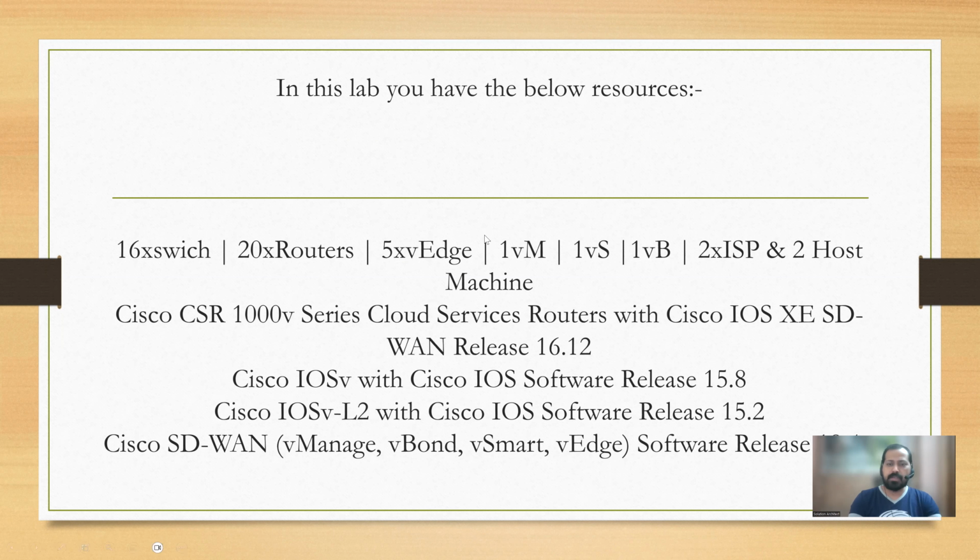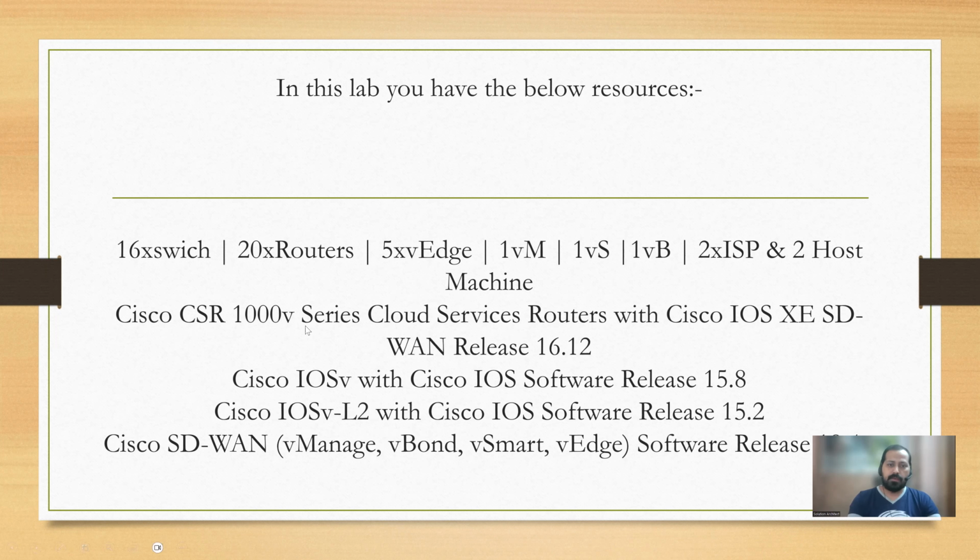This is a complete CCIE Enterprise 1.0 lab, where you can do section 1, section 2, section 3. Maybe you know that in the CCIE exam, you have 3 different sections. Generally, these 3 sections are what students practice, and you can perform all the tasks in this particular EVE-NG lab.